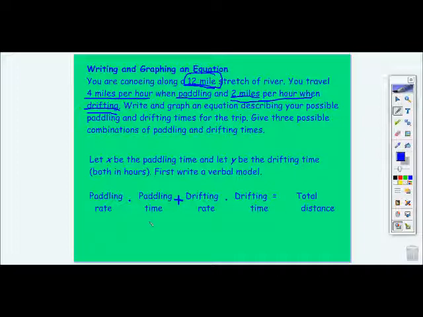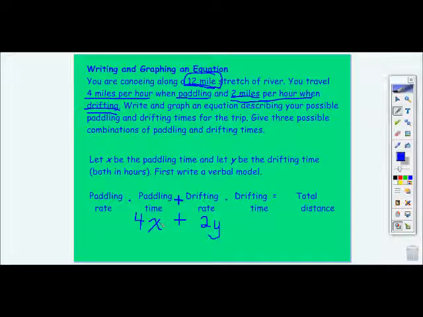So paddling time, we just said, was going to be x, and our coefficient is the rate at which we are paddling, 4 miles per hour. So we have the coefficient of 4. We're going to add that to the drifting rate, which was 2 miles per hour, but we don't know how many hours we're going to drift, so that remains a variable, y.